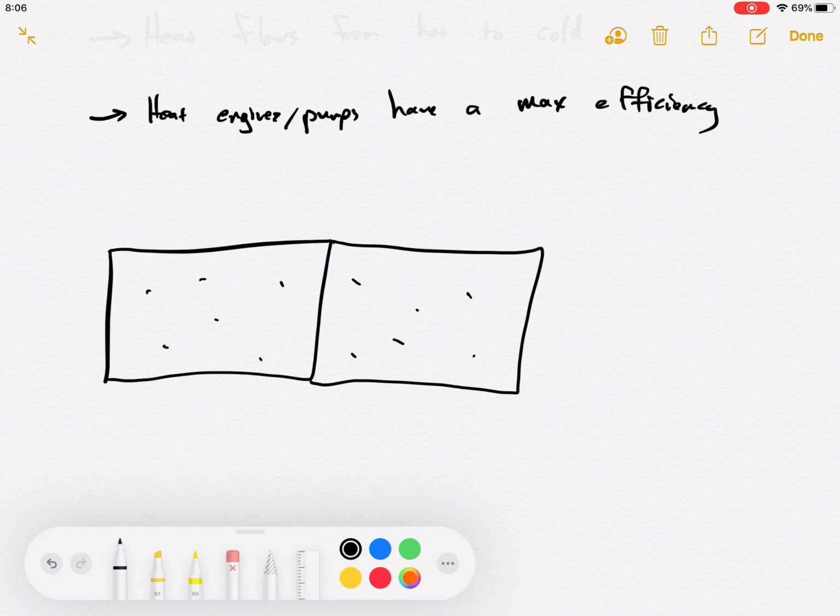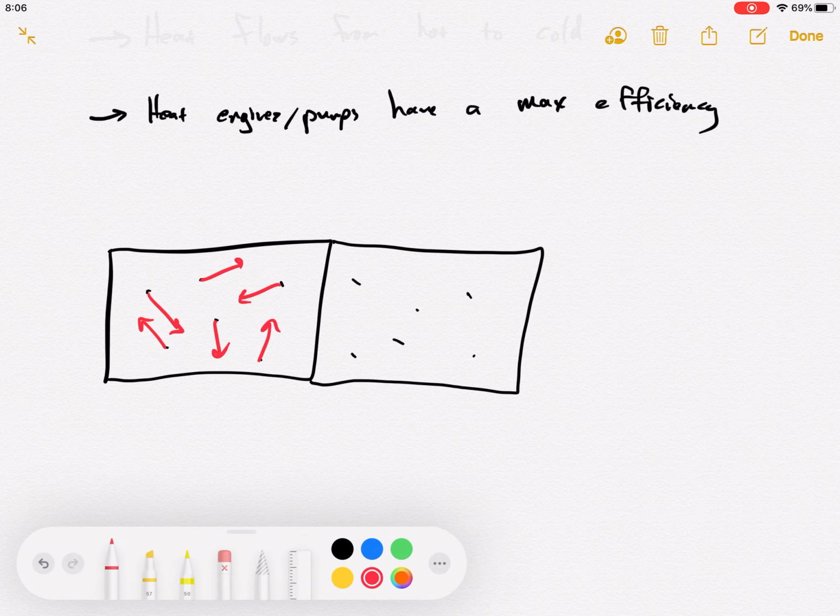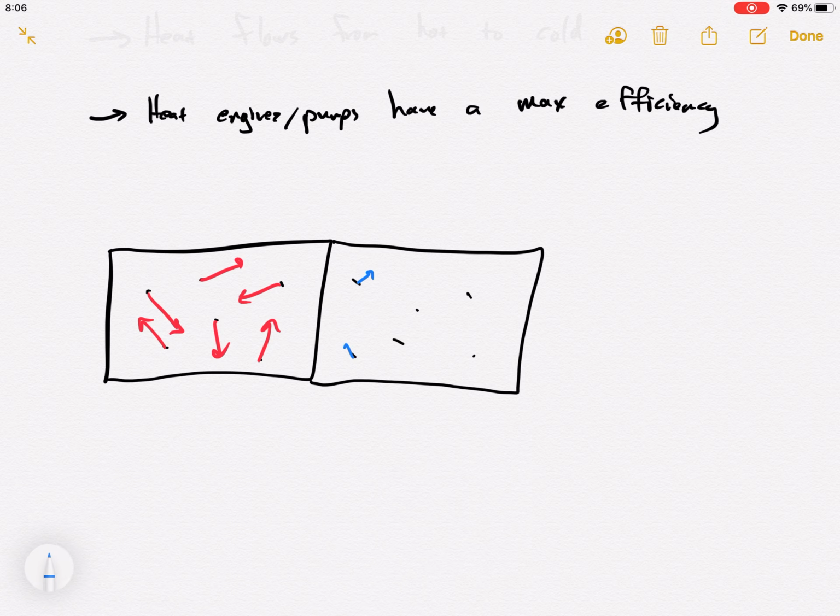Okay, so I'm going to start these guys. Two systems of gases, and the left system has molecules that are moving on average faster, and the right system has molecules that are moving on average slower.